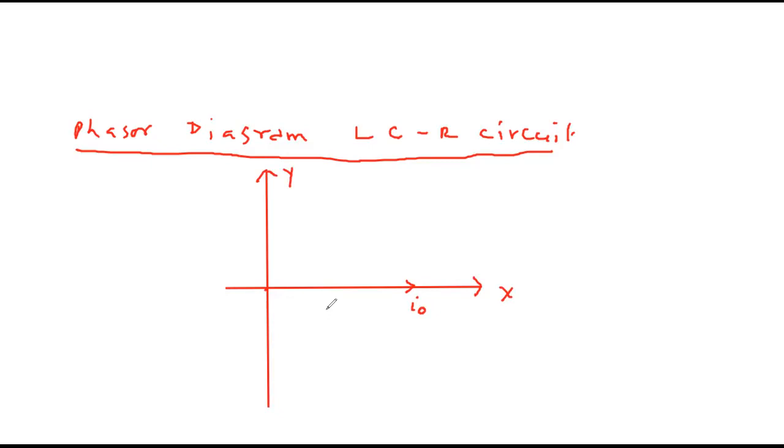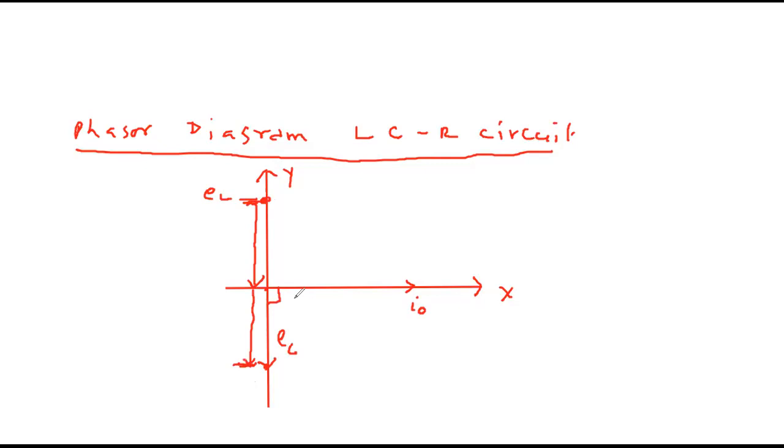EMF across capacitor is lagging by 90 degree. So on negative Y, you can take its EMF EC, which is lagging by 90 degree. And EL is leading by 90 degree. This is EL, this is EC. I am assuming that EL is greater.